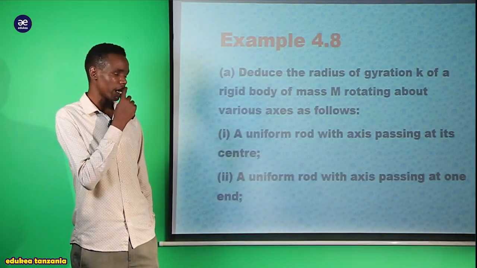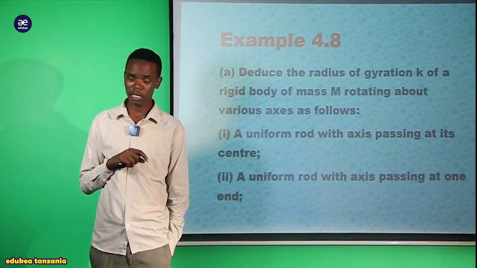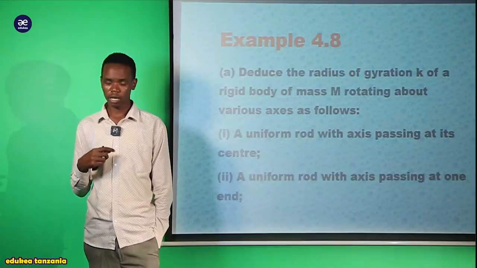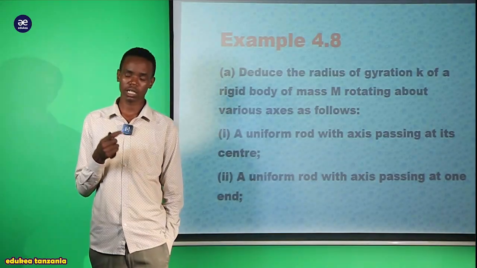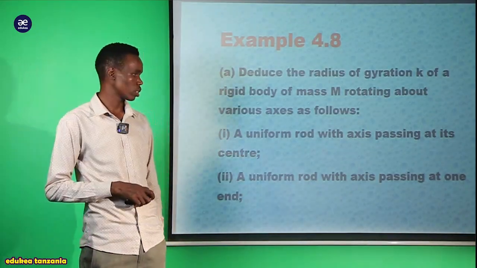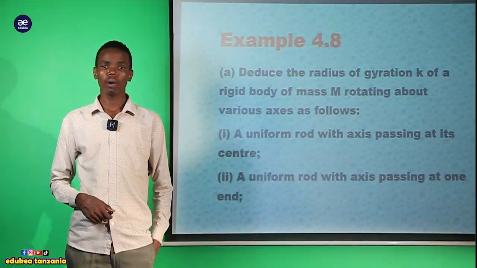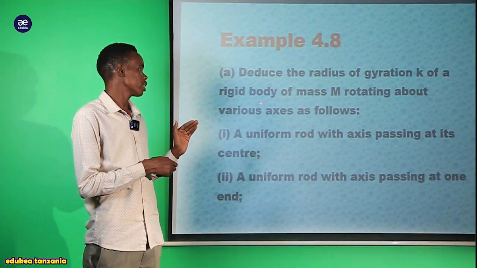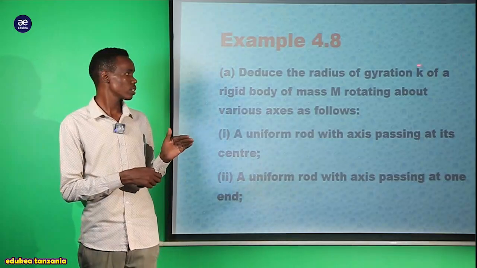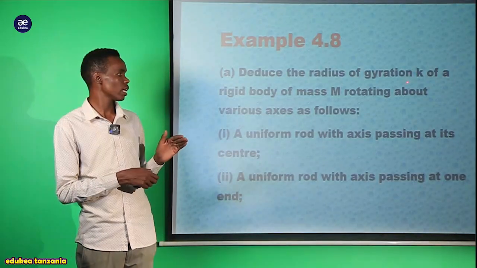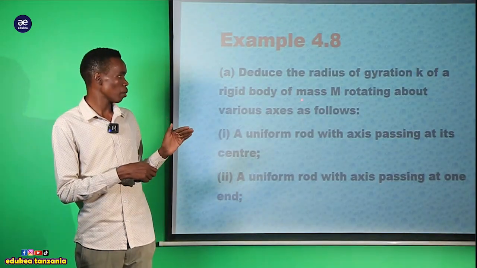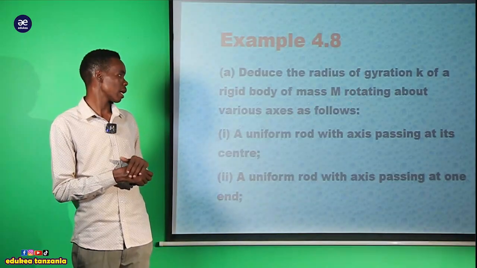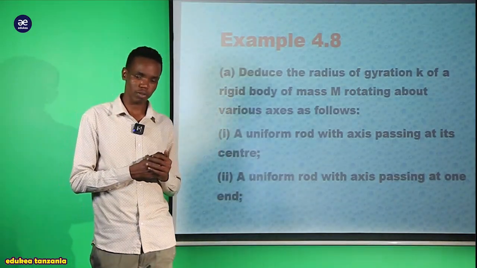So let us read our question Roman A together, so that we can know what will be asked. The question says: deduce the radius of gyration K of a rigid body of mass M rotating about various axes as follows.